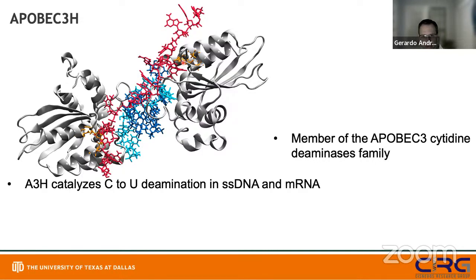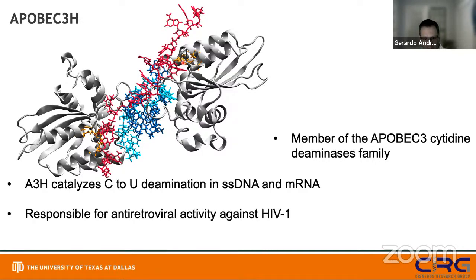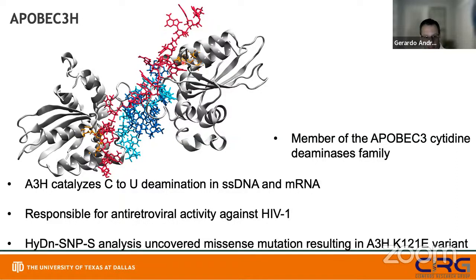It will transform it into a U. It's expressed as a response against HIV. So the segment of the population that is immune against HIV is because they can express a particular version of APOBEC3H, a particular isoform that can do this reaction on HIV genomic DNA.